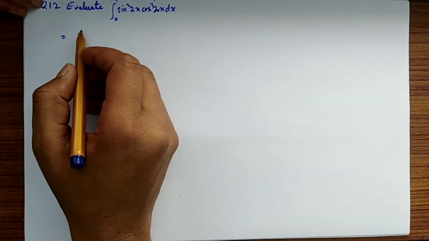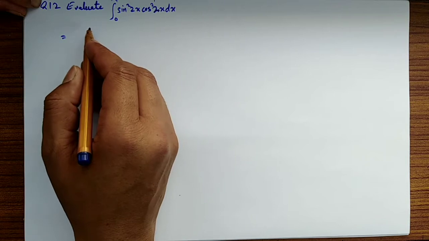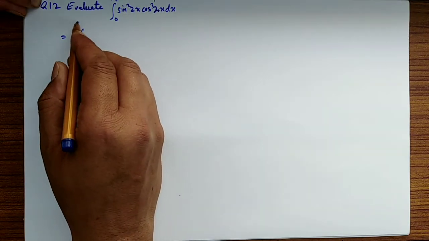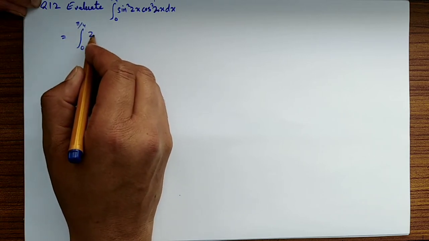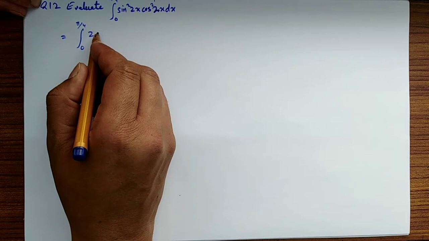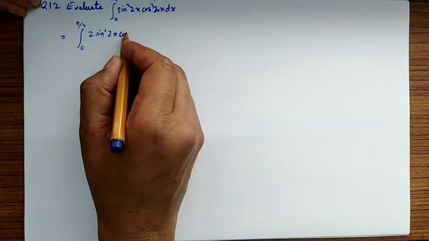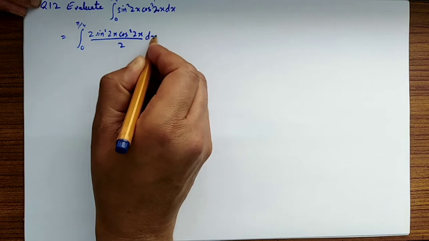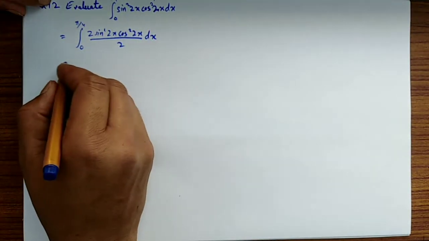Okay guys, this is the last question of exercise 6.4. To solve this question, first we are going to bring it to some favorable condition. Let's multiply and divide the question with 2, giving 2 sine square 2x cos square 2x divided by 2 dx, right?